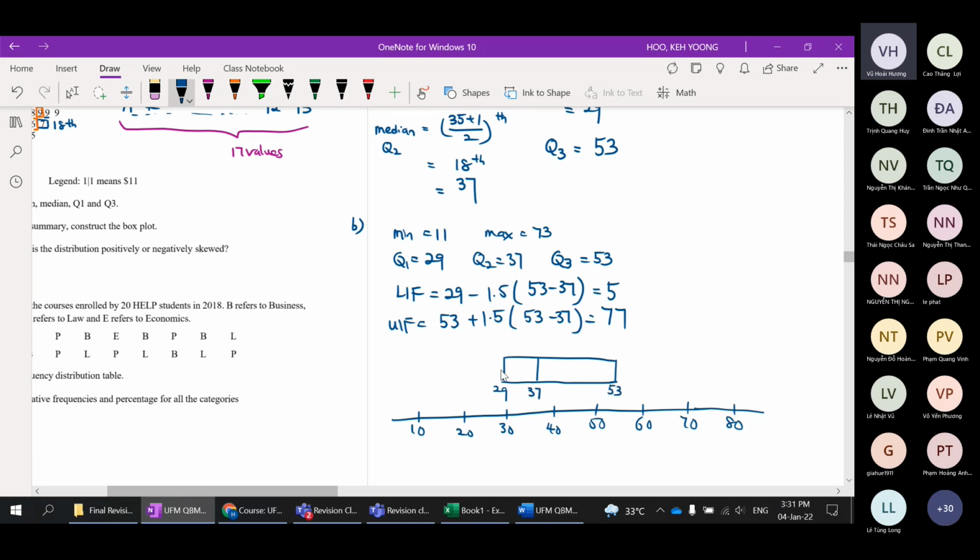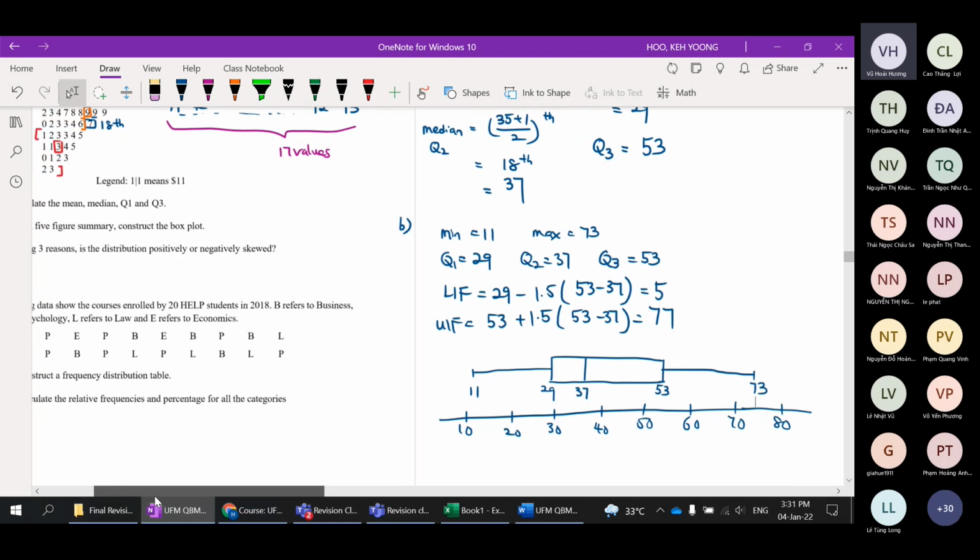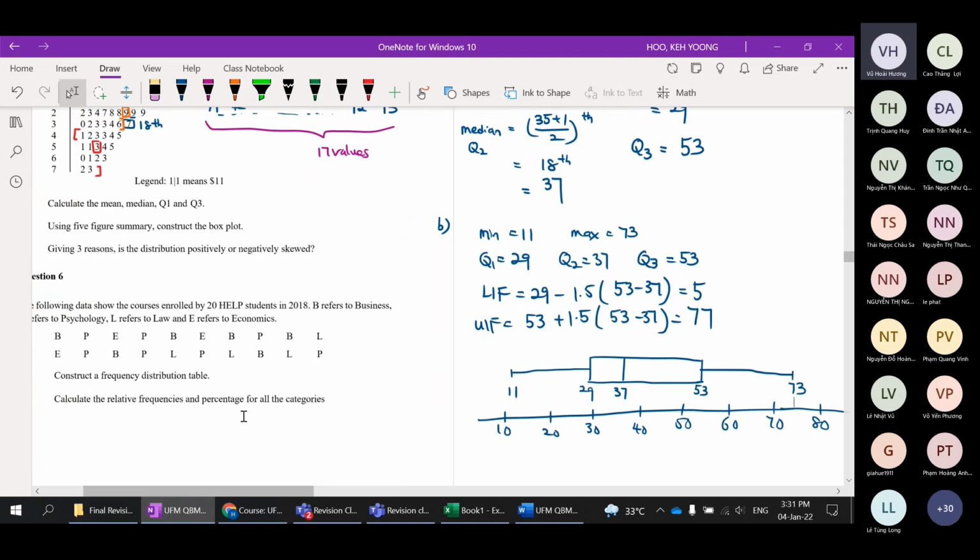Then draw the whiskers to the minimum and maximum. Okay, that's it. Very fast, right?